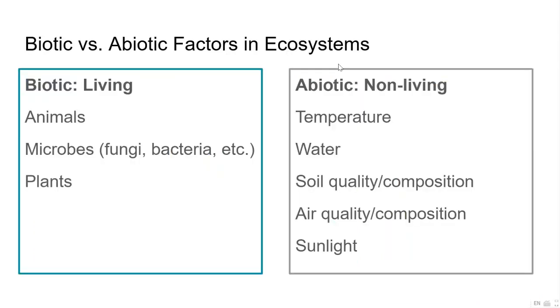Okay? So here are some more examples of living or biotic factors in ecosystems. The biotic is anything living, so animals, microbes like fungi or bacteria, protists, and also the plant life. Okay? Abiotic factors are any factors that are non-living. So we have temperature, amount of water, soil quality or composition.